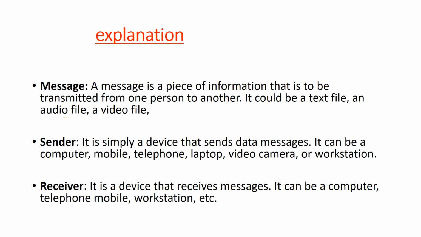It can be a computer, a telephone, mobile, or a workstation. After the message has been sent through the sender, we have the receiving device, that is the receiver in our case. So we've seen it can be a computer, a telephone, mobile, or even a workstation.